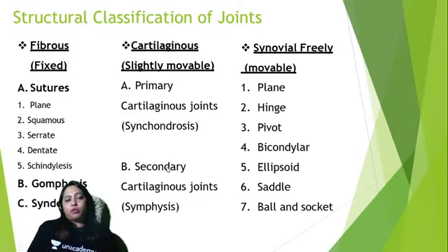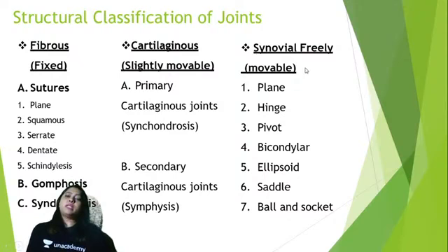Here there are two types of cartilage: one is the hyaline cartilage, and in the center it is held together by another type, white fibrocartilage. You can remember it as secondary for two. So there is hyaline and in between white fibrocartilage. This is one of the important and strong types of joints, the secondary cartilaginous joints.